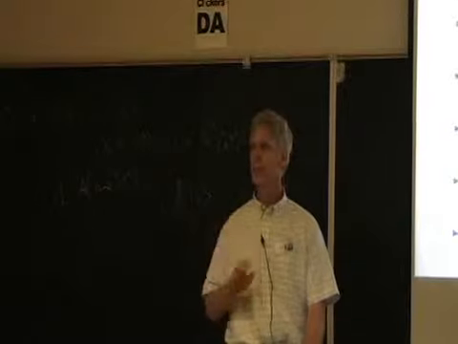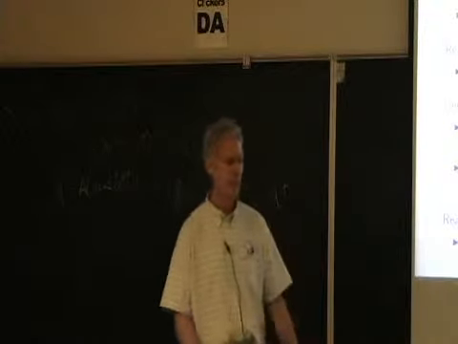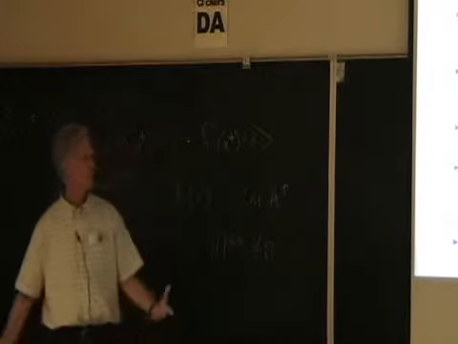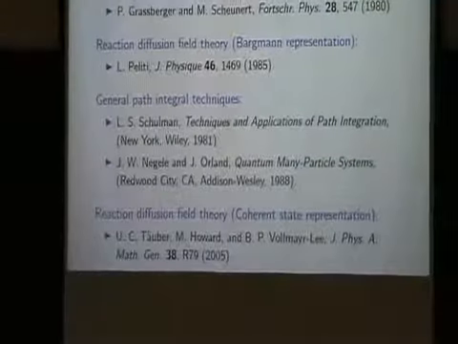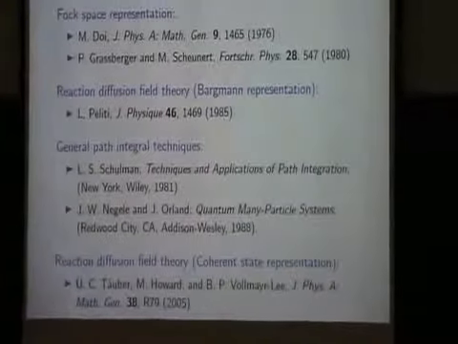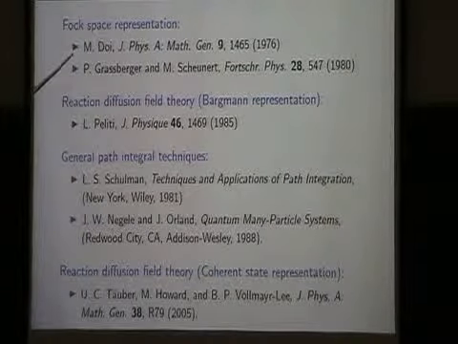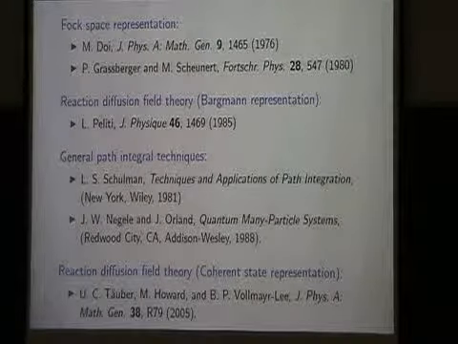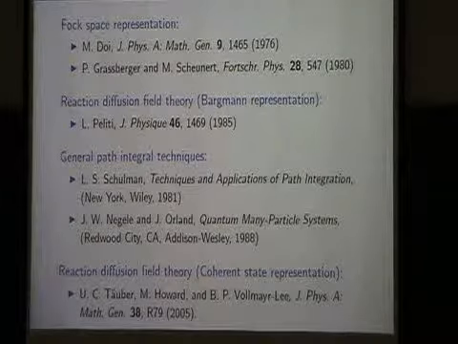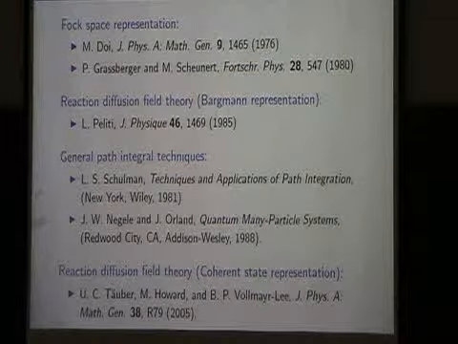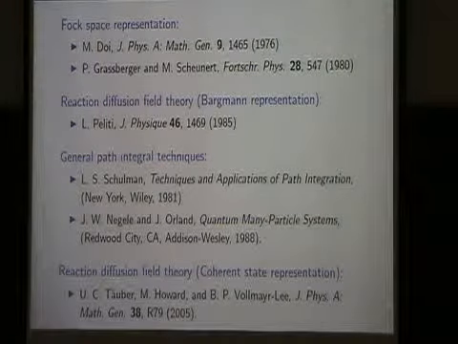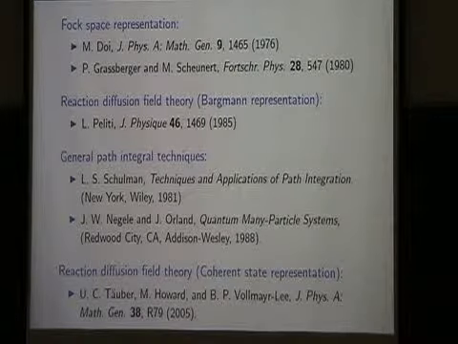I didn't give a single citation through all this, because it was kind of a background talk, but let me give you some references that may be useful. The Fock space representation was introduced by Doi. Grassberger and Scheunert also did a very nice extension of the formalism. Gildi was the first one to derive the field theory, using the Bargmann representation.